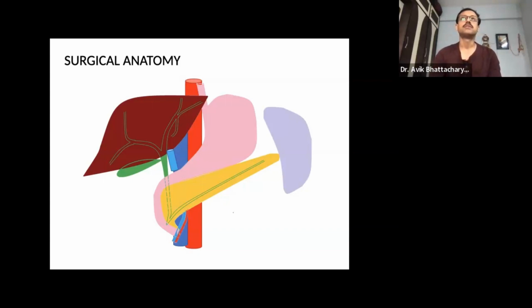Then we will figure out which modality we use to characterize a focal liver lesion. And finally, our main goal today would be to discuss the LI-RADS classification system.